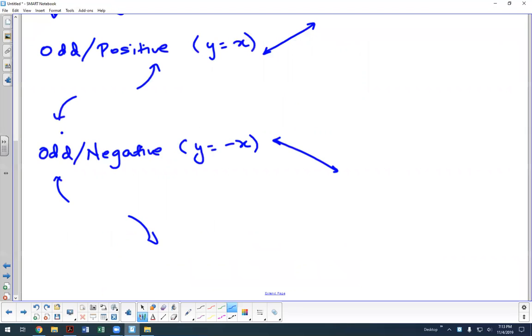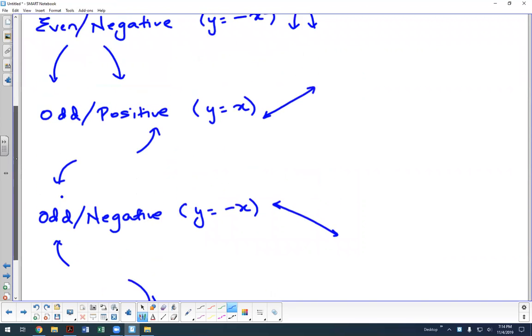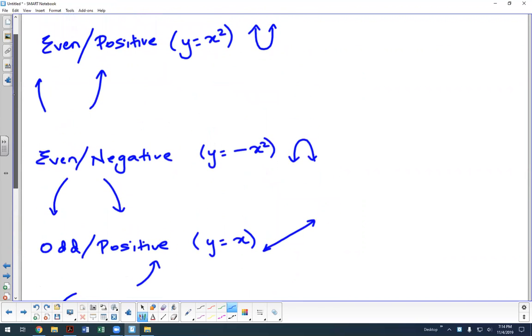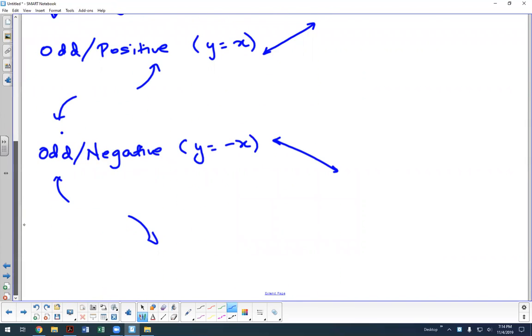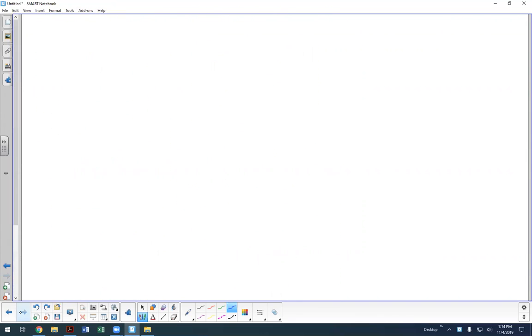You can try and use this guy here. What do we say about example 3? What is the shape of our graph going to be like? So do we have even positive, even negative, odd positive, or odd negative on number 3?